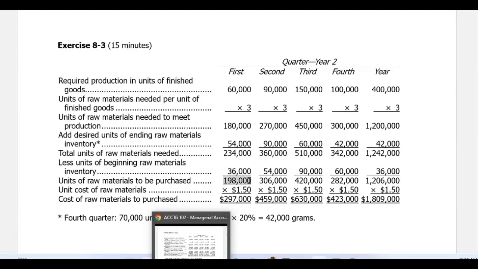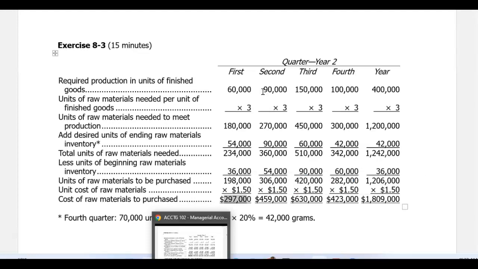Then we need only 198,000 grams of purchase of the musk oil. 198,000 grams of purchase of musk oil times $1.50 will cost us $297,000 raw material purchase. Make sense?